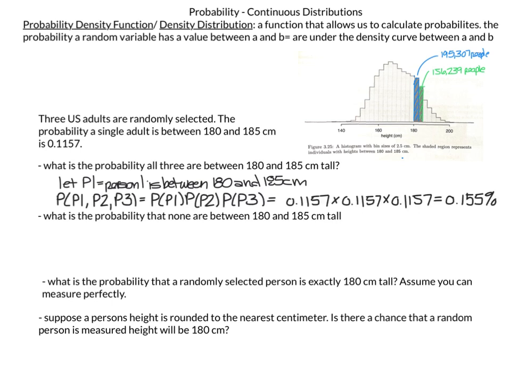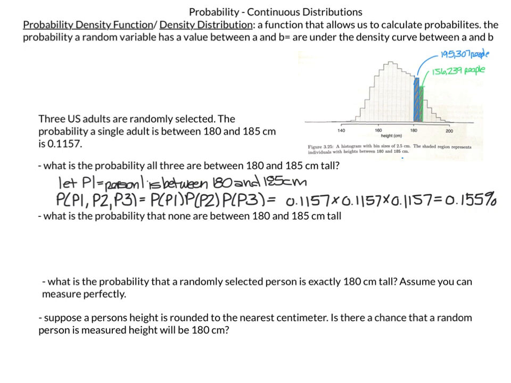Since the probability that one person is between 180 and 185 centimeters tall is independent of person 2 being between 180 and 185 centimeters tall, we're going to use the multiplication rule for independent events. So the probability that P1 and P2 and P3 occurs is the probability of P1 times the probability of P2 times the probability of P3.